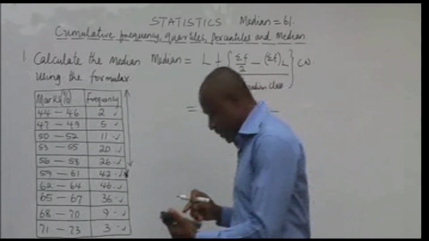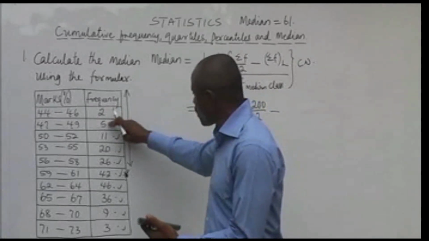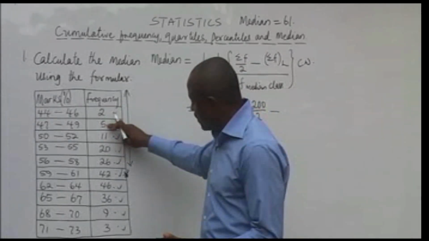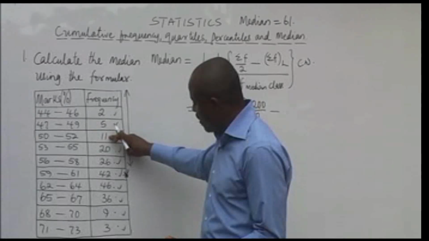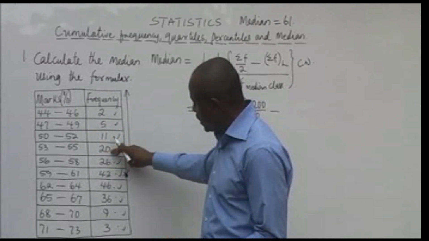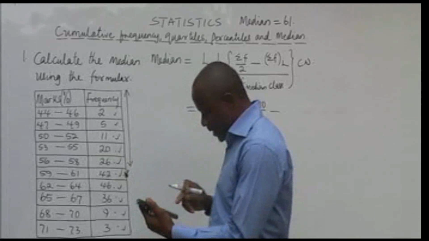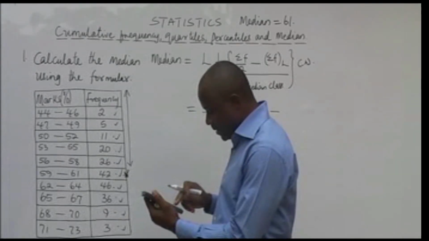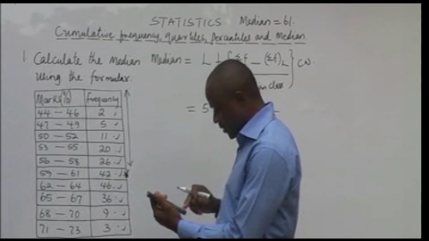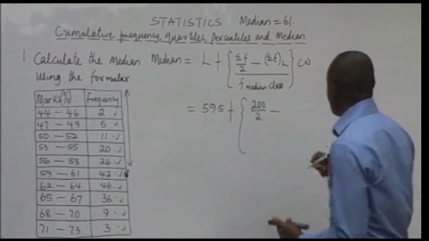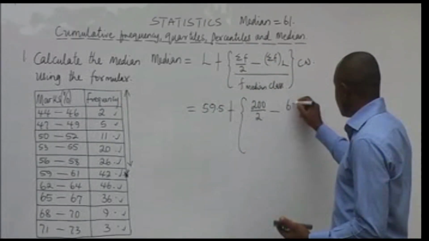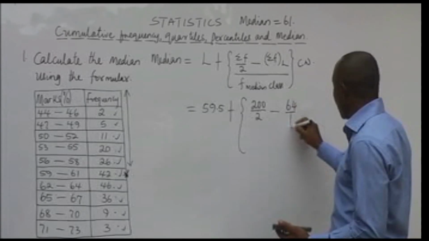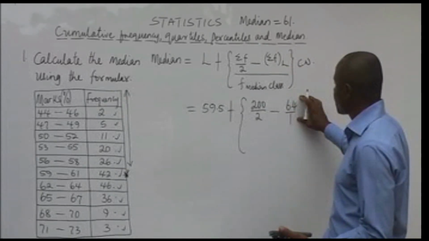So we're going to add now. 2 plus 5 is 7, plus 11 is 18, plus 20 is 38. So we have 38 plus 26, giving us 64. So what we have here is 64 all over 1. That is 64 in fraction form.